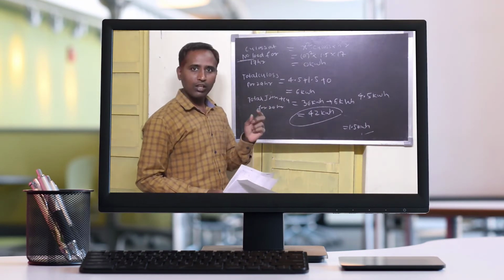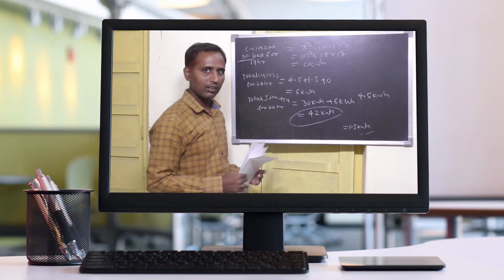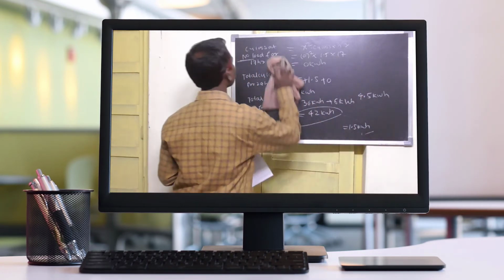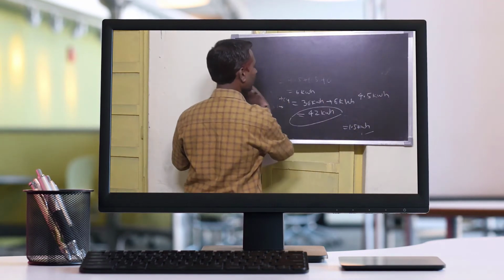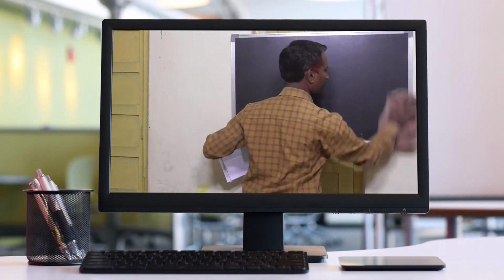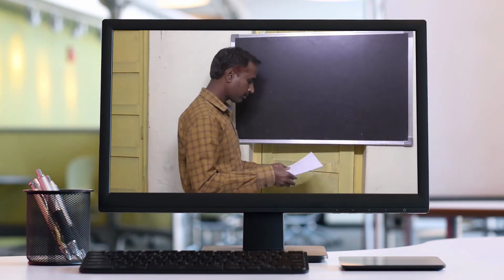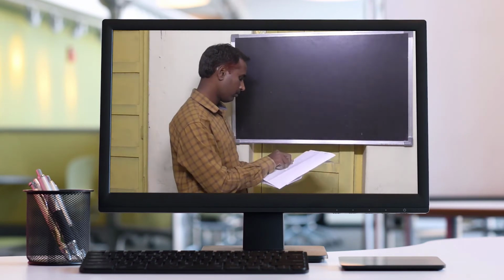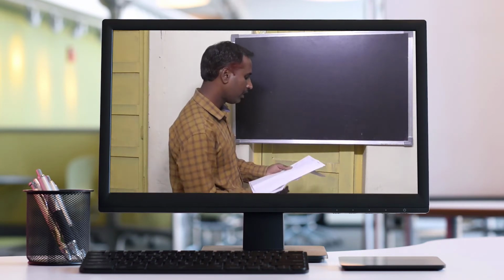Next I will go to output in kilowatt hour. Okay, let us start. See here. Output in kilowatt hour.